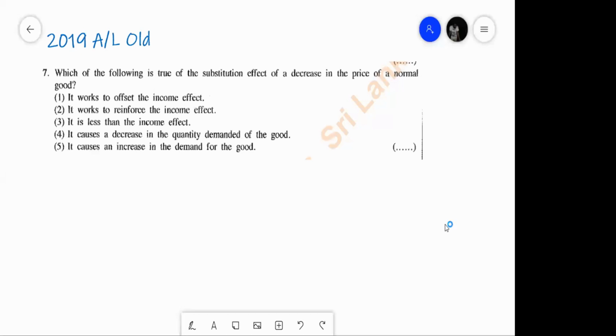Again, a little bit confusing there. Think. Fourth answer. It causes a decrease in quantity demand, a decrease in price. Are you sure? What happens here?